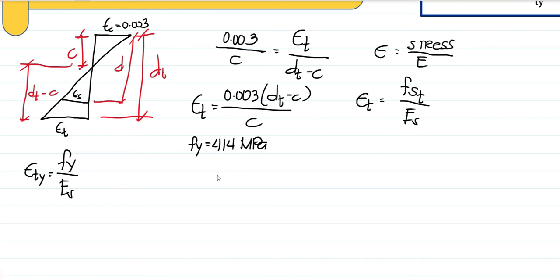So, pag 414 megapascal yan, ang epsilon ty natin dyan is equal to a value 414 divided by 200,000. So, that will be an epsilon ty equivalent to 0.00207.